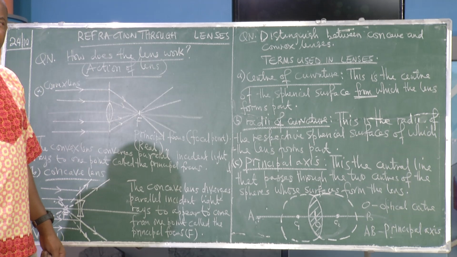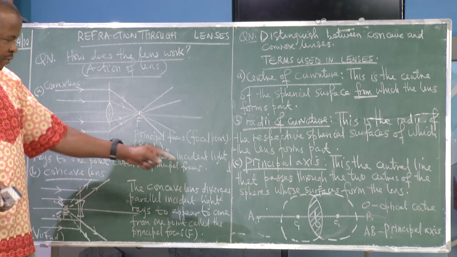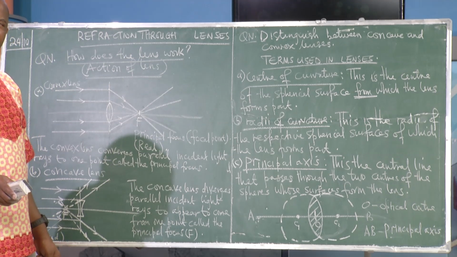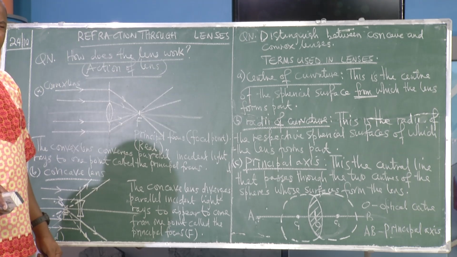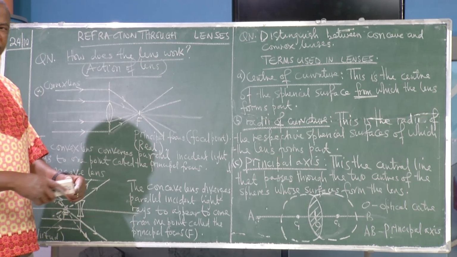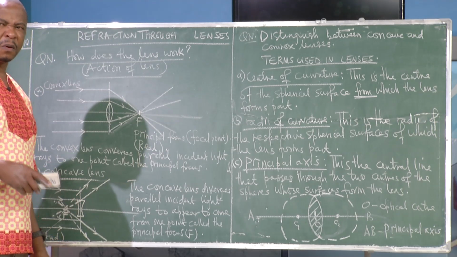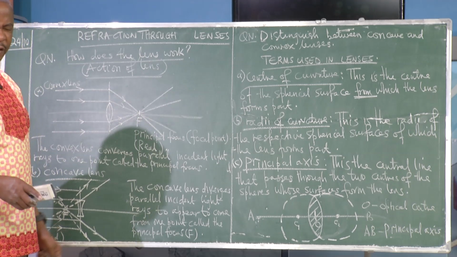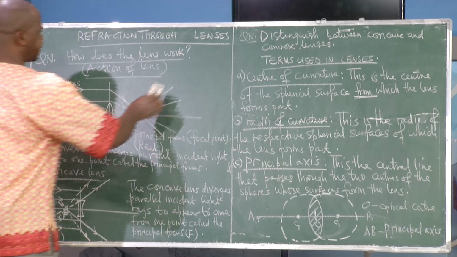The light is parallel to the principal axis, that horizontal line that passes through the optical center. When light is parallel, the convex lens will refract it to converge, or meet at one point. Converging is a meeting point. Diverging means you are moving away from one common point to different destinations. Converging, you are moving from different areas and you meet at one common point.